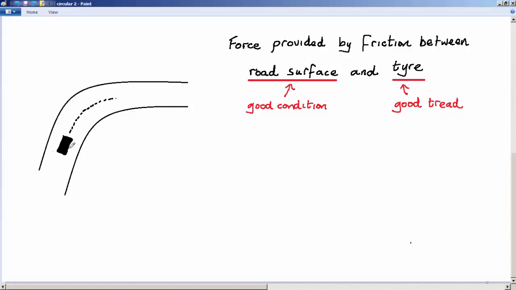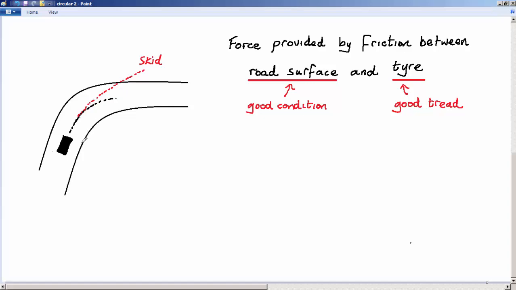So if the frictional force provided by the tires and the road surface isn't enough to supply the necessary centripetal force to enable the car to move in this circular motion, the car will skid off of the road, right? Because the friction isn't sufficient to maintain it in a circular motion.